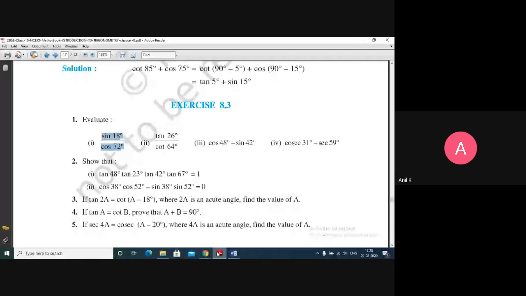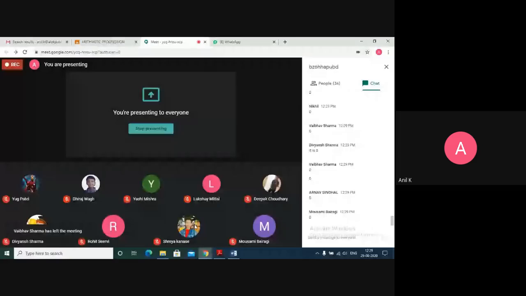For example, if I want to convert sin 42, I can write it as cos(90 minus 42), that is cos 48. Let me see if somebody has given the answer for the fourth one. The fourth one is also 0. Perfect.